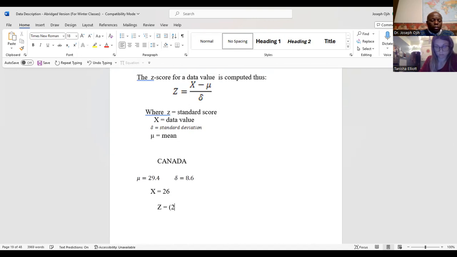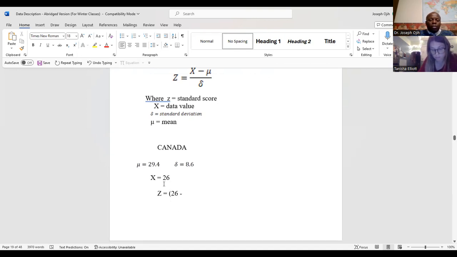So I'm going to put 26 minus the mean, 29.4, divided by a standard deviation of 8.6. Let me write this down so you can put it in a calculator. I have Z for Canada equals 26 minus 29.4 divided by 8.6.